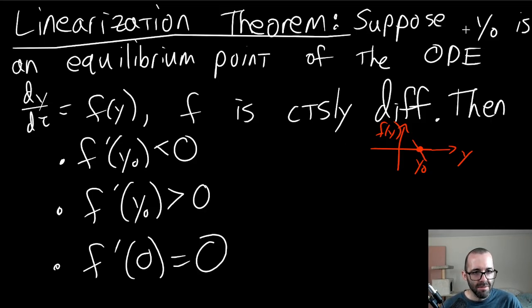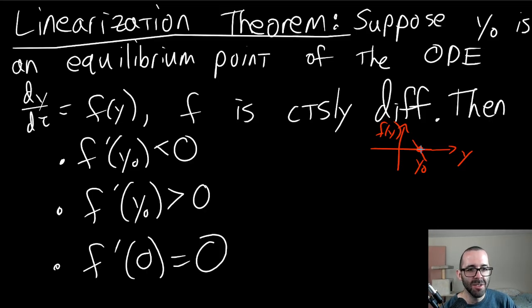And if f prime is negative, let's collect all the information for why this picture makes sense. f prime is negative, meaning f is decreasing, and y naught is an equilibrium point, which means that f, the derivative of y, is equal to 0. That's why the picture looks like this.